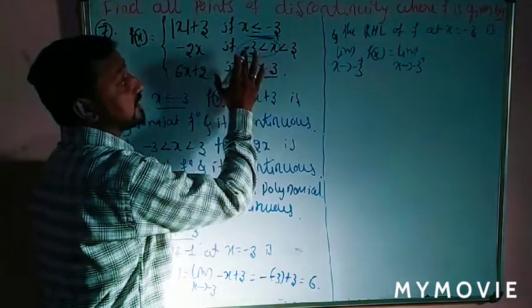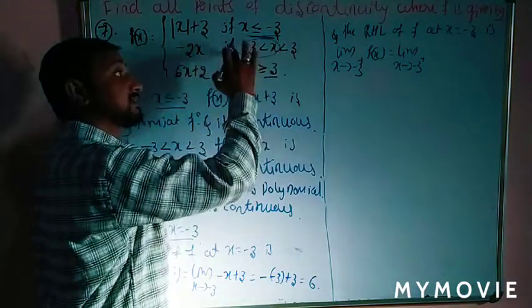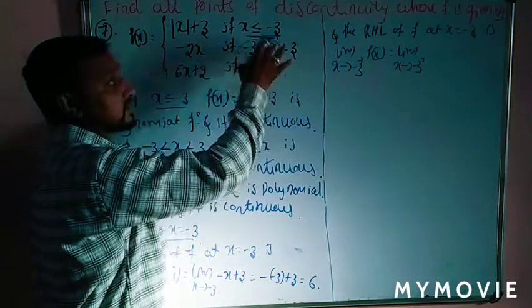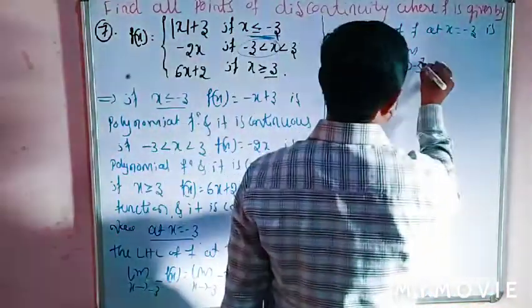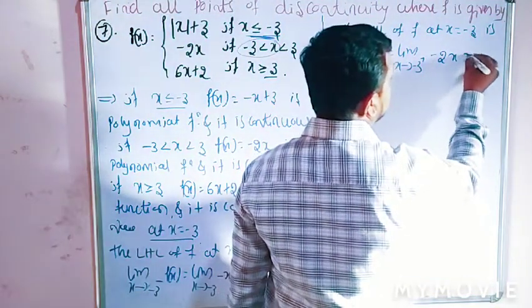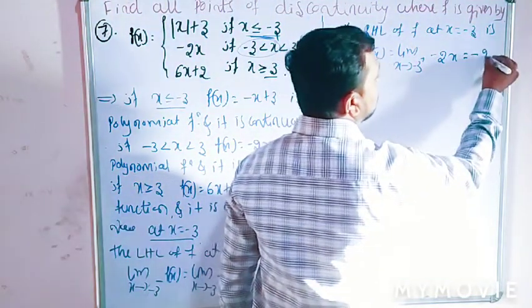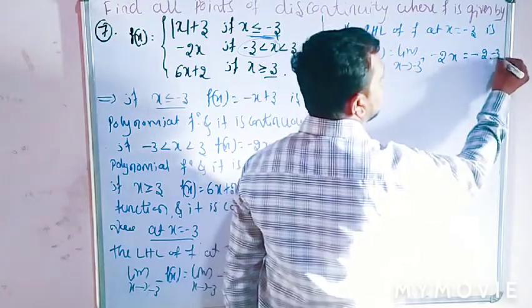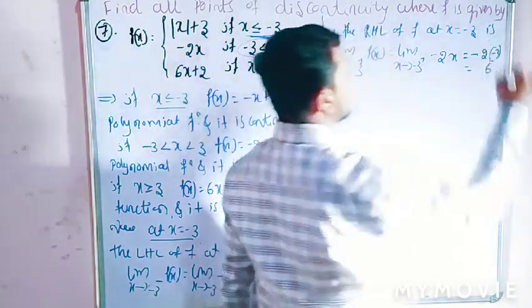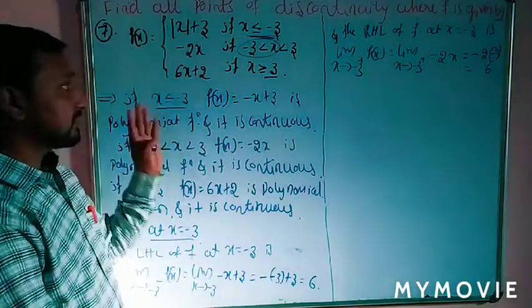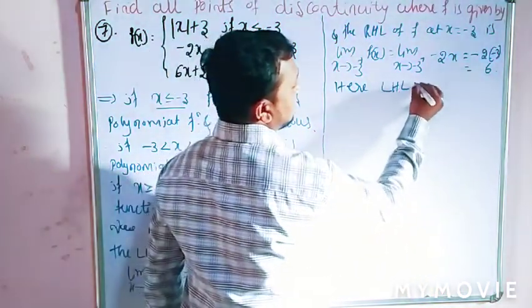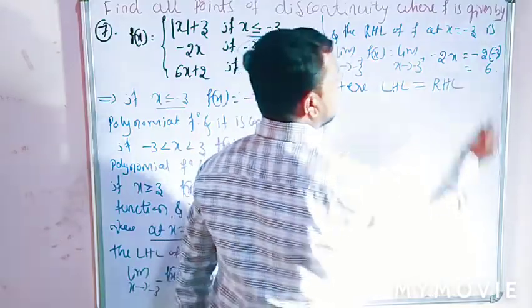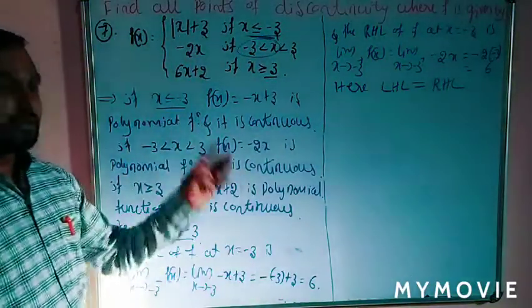Here this is not x less than -3; this is -3 less than x, which is nothing but x greater than -3, vice versa. Okay, so this is RHL. What is your RHL? -2x. Minus 2x is equal to minus 2 into what is your x? Minus 3. Okay, that is equal to 6. Okay, here I can write directly that LHL is equal to RHL.